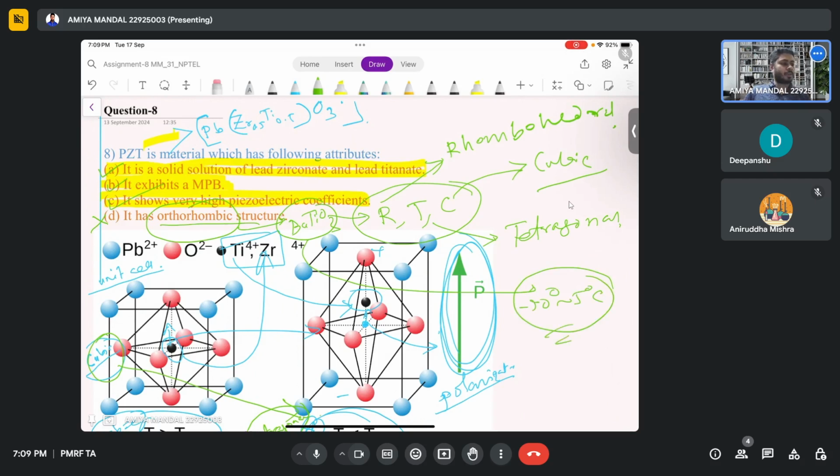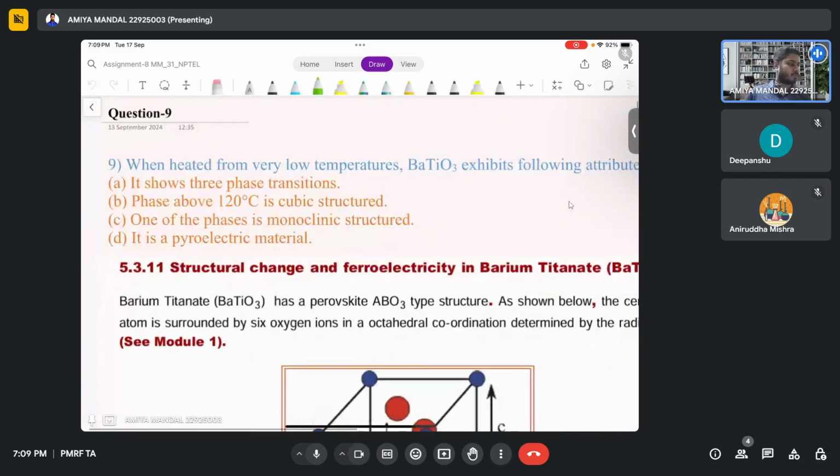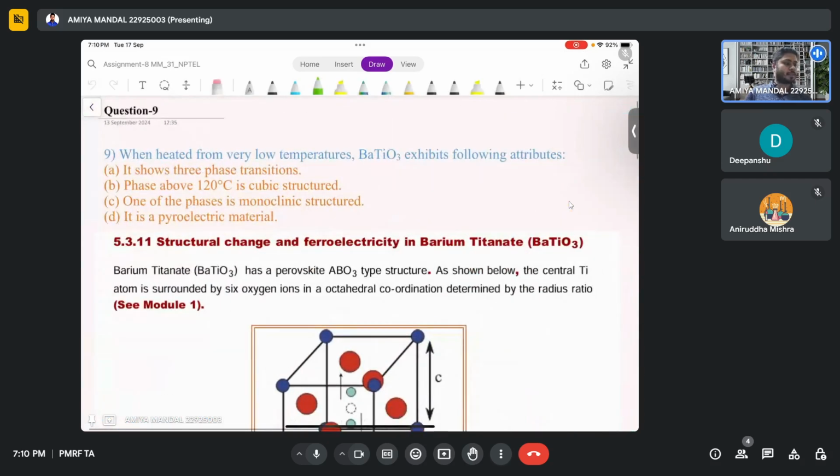Now we can move forward to question number 9: when heated from very low temperatures to 150 degrees centigrade, barium titanate exhibits the following attributes.